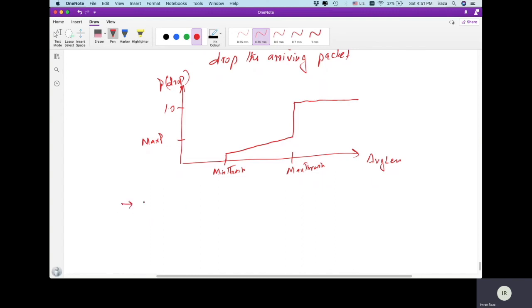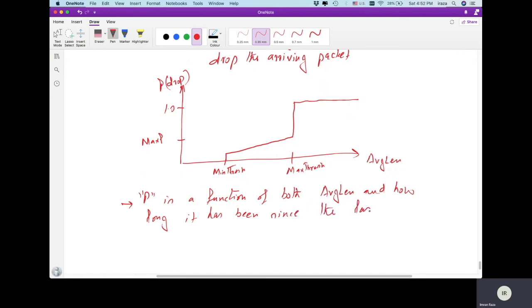Why? Because the probability P is a function of both average length and, importantly, how long it has been since the last packet was dropped.